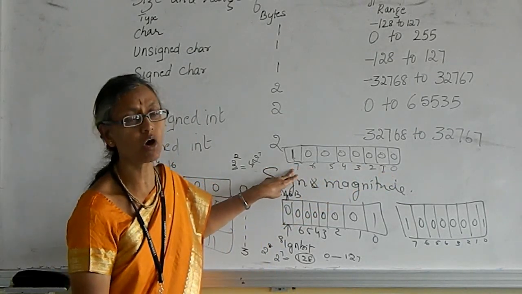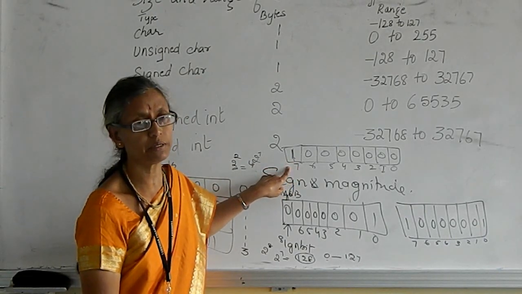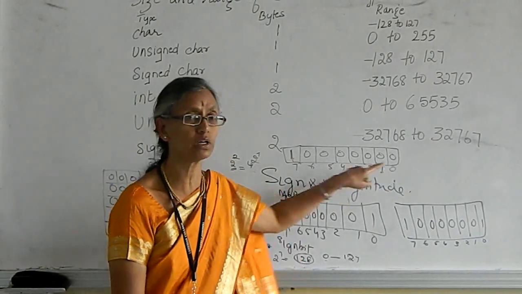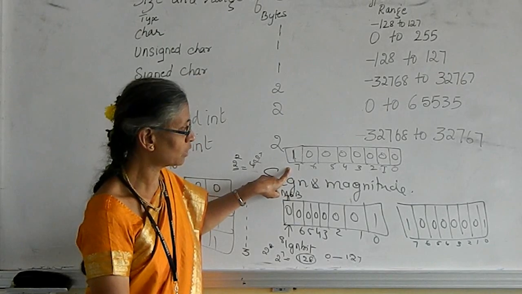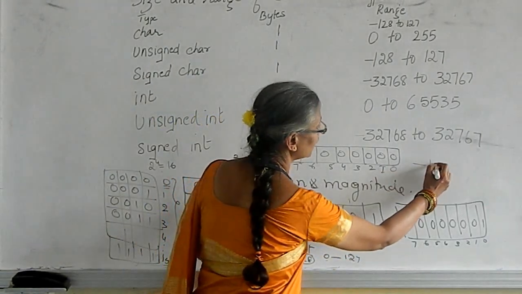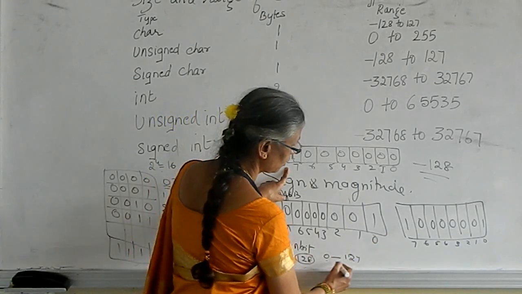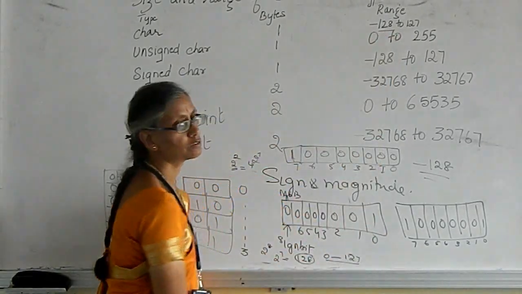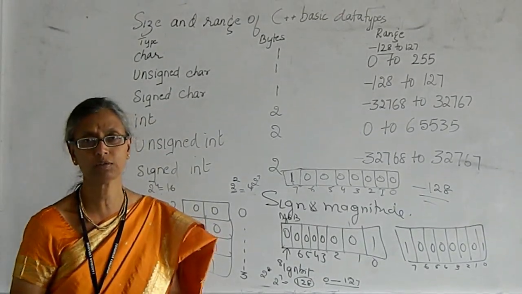In the case of negative numbers, the sign bit can be used to represent the magnitude of the lowest negative value, which will be -128. That is the reason why you can represent the negative number as -128 and the positive number as 127.